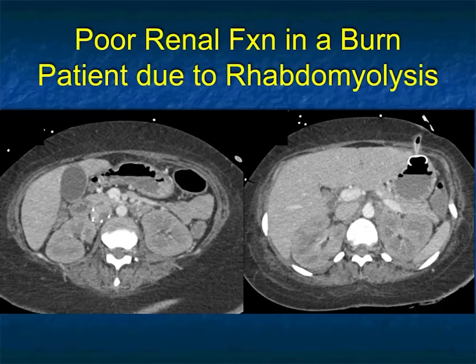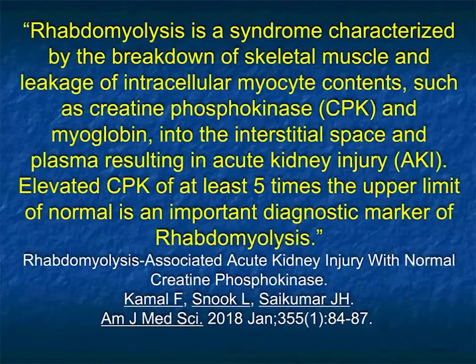One of them is with muscle destruction, you get rhabdomyolysis. With rhabdomyolysis, you get excretion into the bloodstream. You have a very high level of CPK, and that goes into the interstitial space and plasma, and then you end up with resulting injury to the kidney.